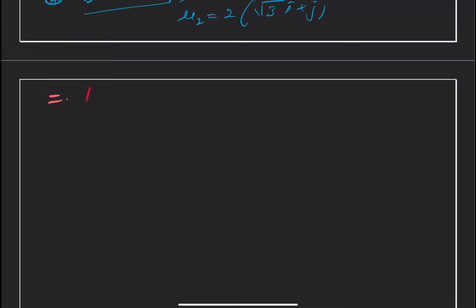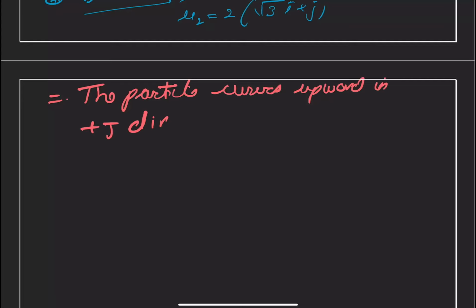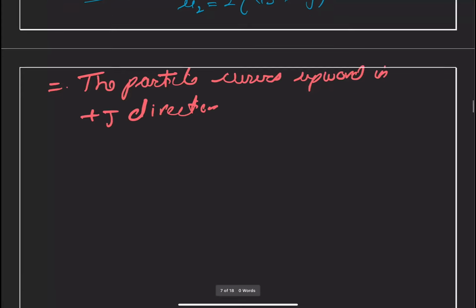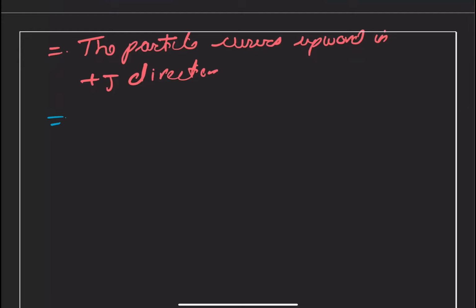So we can say the particle curves upward in the positive j direction. Therefore the magnetic force is in the positive j direction.